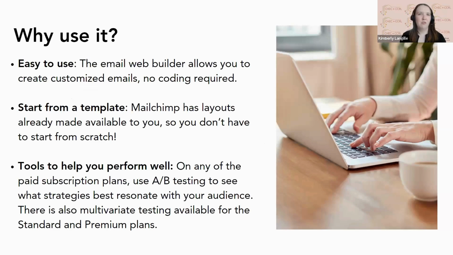It's very much from the front end, and it becomes as easy as dragging content blocks into your email and then uploading content, which I'll show you later. And it's great because Mailchimp has layouts already made available to you, so you don't have to start from scratch and put in all that time and effort.